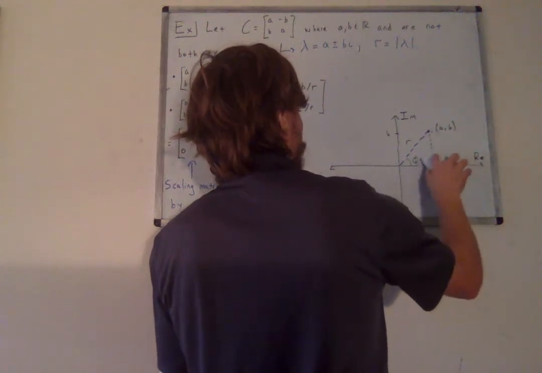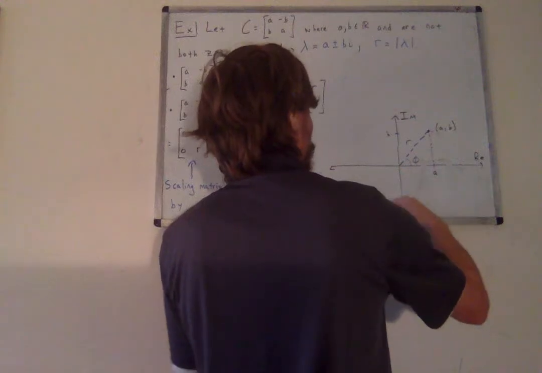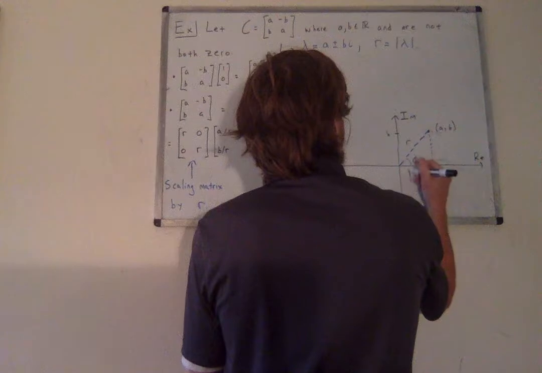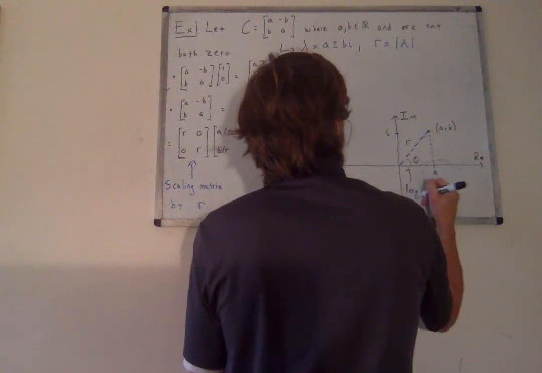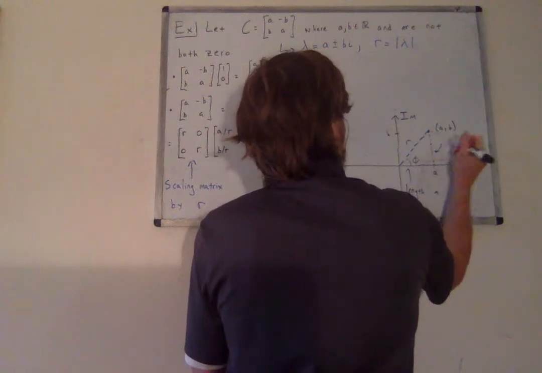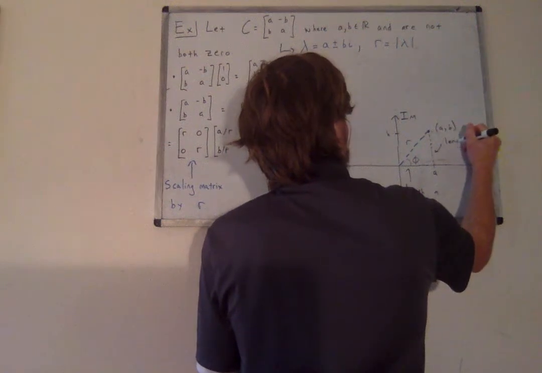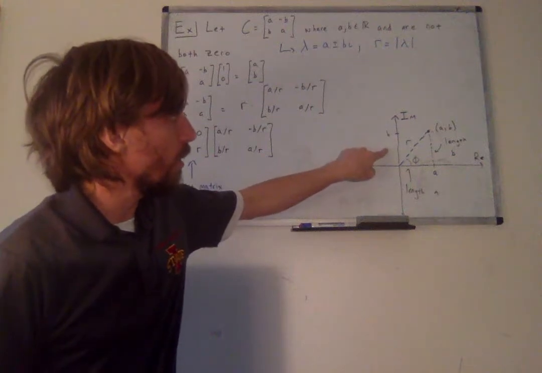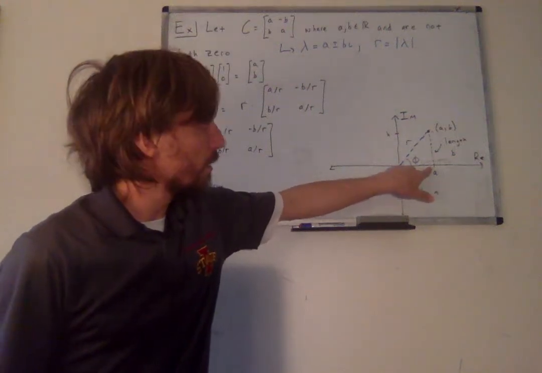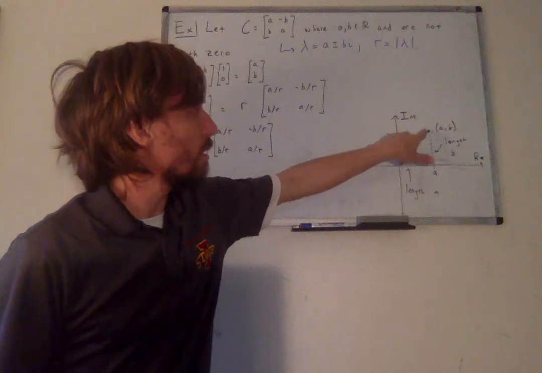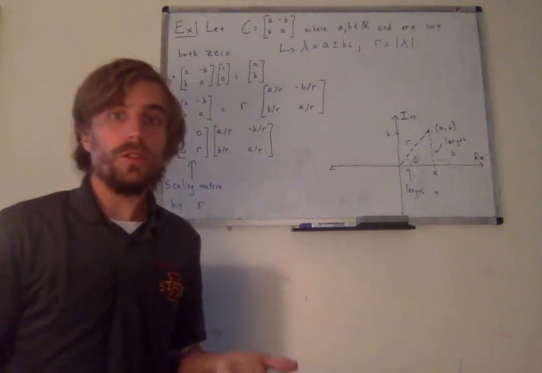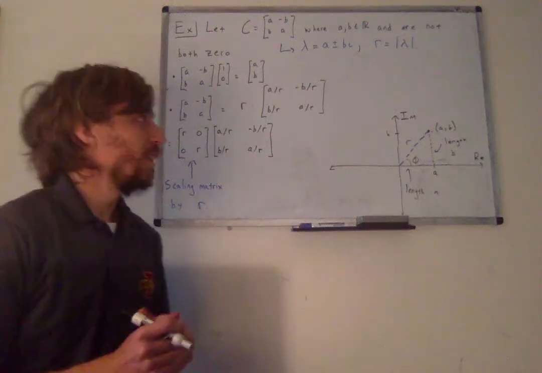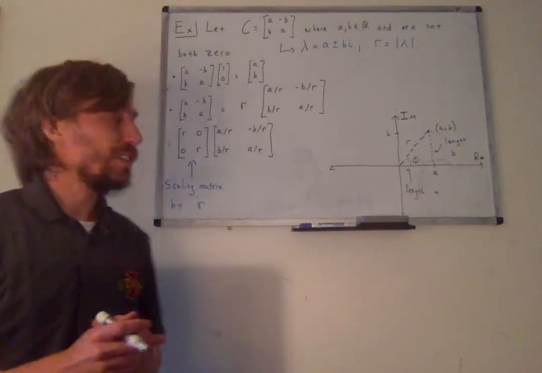Notice that this line has length a, this line has length b, and the hypotenuse of this triangle has length r, where of course r is equal to the square root of a squared plus b squared. So the Pythagorean theorem has not been disproven today. I don't think it'll ever be disproven, in fact.